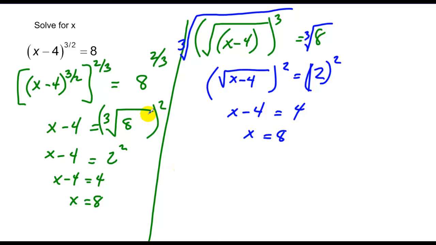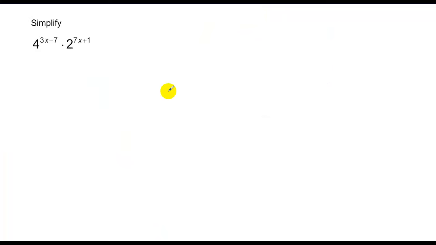Either way is fine. I typically will look to do the raising of the reciprocal power. So in this case we want to simplify this expression. Notice I have a 4 here and a 2 here. The only way we can add powers of bases is if the bases are the same.